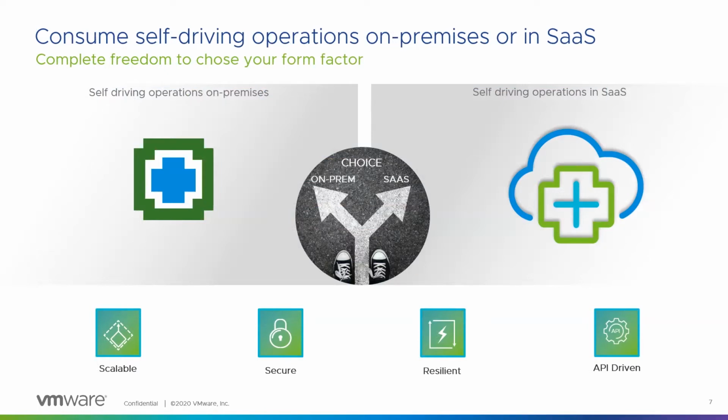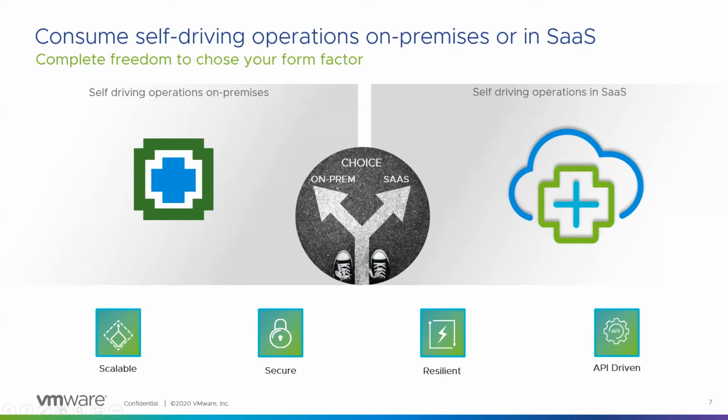So as a consumer of the software, depending upon your cloud strategy, whether it's a private cloud with a little investment in public cloud, or migrating fully to public cloud, or whether you were born in the public cloud and have some private cloud as well, in any of these cases, you're able to leverage vRealize Operations or vRealize Operations Cloud and get the same scalability, security, resilience, and an API-driven environment so that you can run operations. Now, how do we do this?